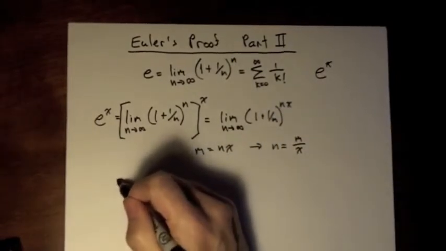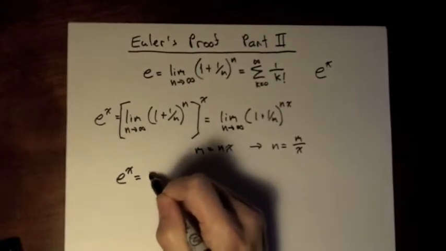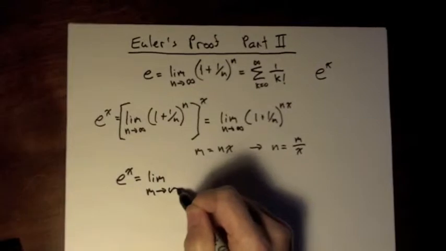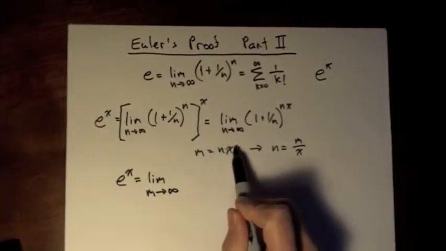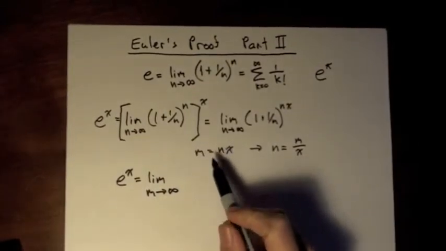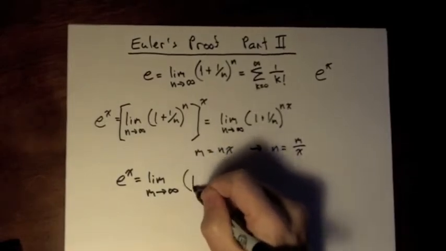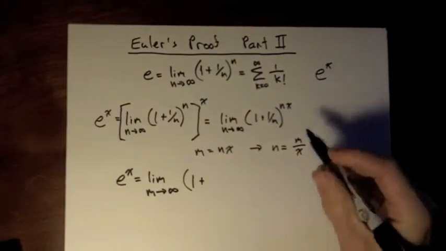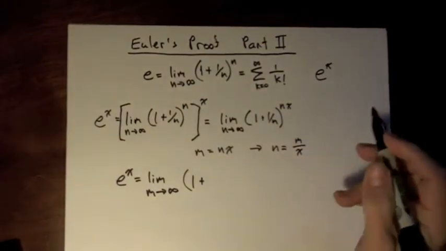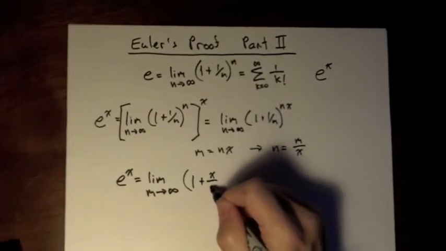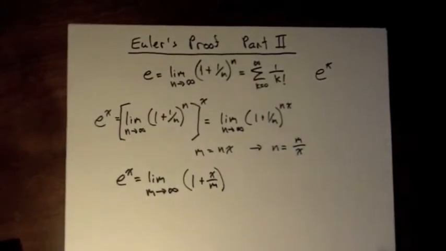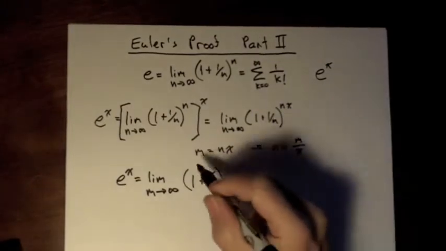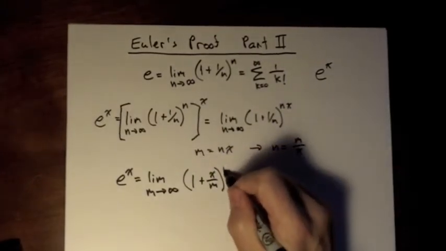I'm going to say that e to the x is equal to the limit, and now I'm going to let m go to infinity, because we said if n is getting bigger, m is getting bigger. Okay? This is still 1, but now where I have 1 over n, I'm going to write that as 1 over m over x, which is actually x over m. Right? And where I have n times x, I'm going to represent that as just m.